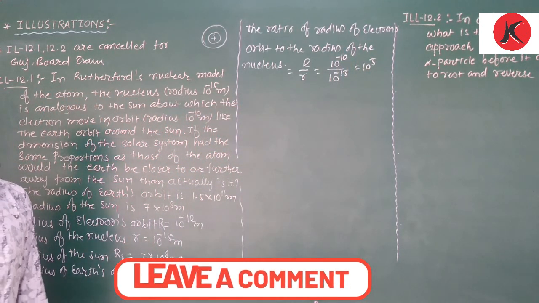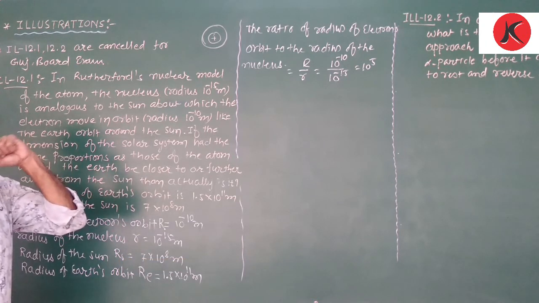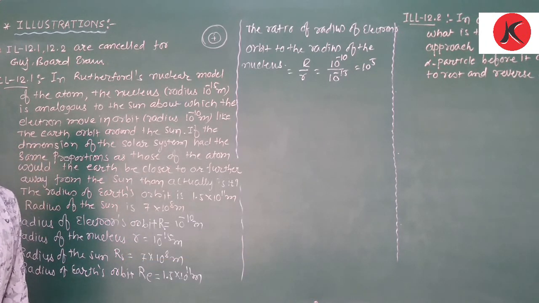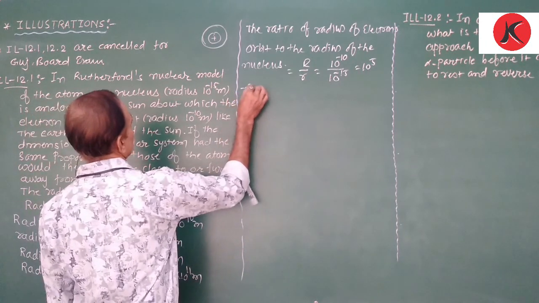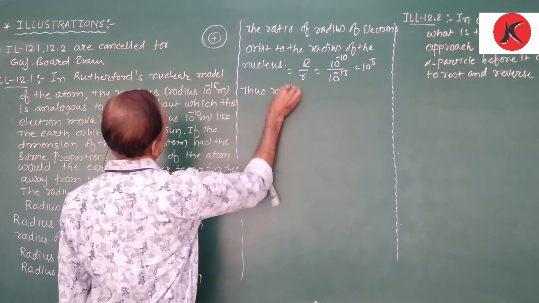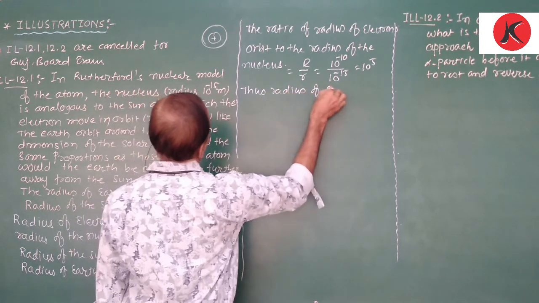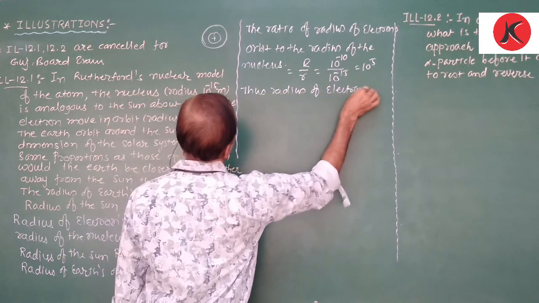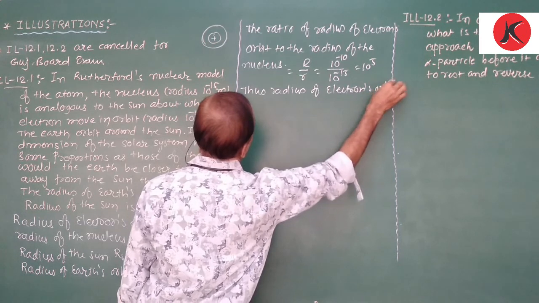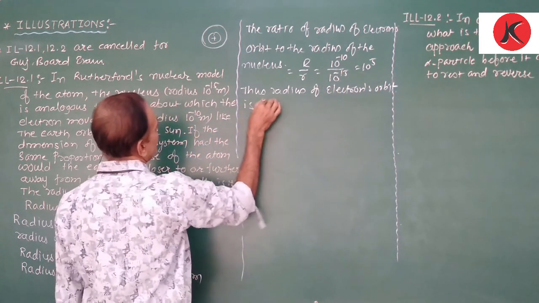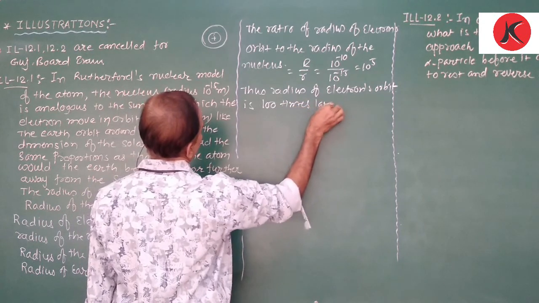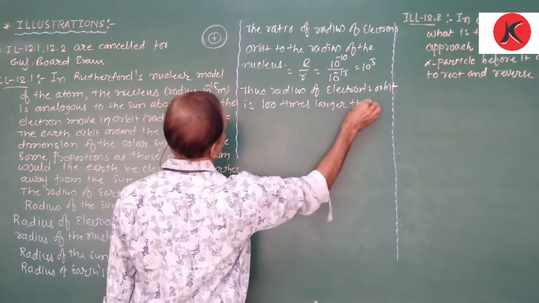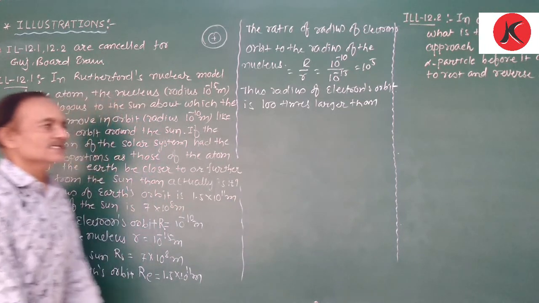Thus, the radius of the electron's orbit is 10⁵ times larger than the radius of the nucleus.